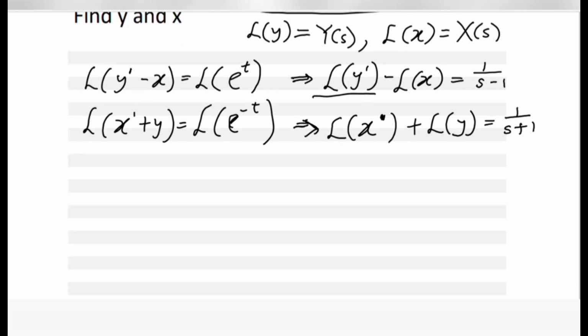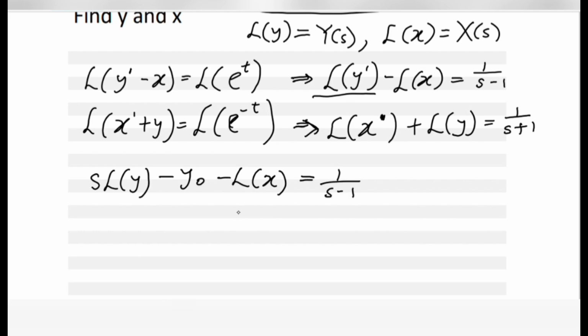So if we solve this, we're going to get s times the Laplace transform of y minus y naught. Let me write this better. Minus y naught, then minus the Laplace transform of x, and this will still give us 1 over s minus 1.